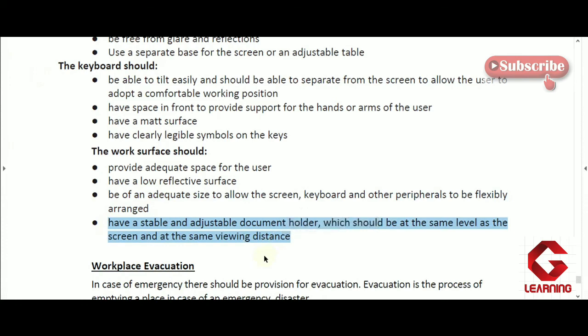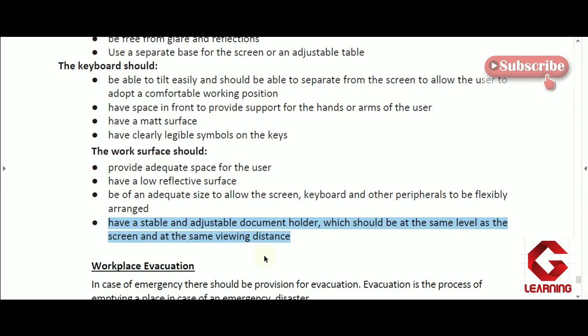Next one is have a stable and adjustable document holder which should be at the same level as the screen and at the same viewing distance. So the document holder which is holding documents or files should be adjustable as per user convenience, and it should be at a limited distance so the user can see all files that are there in the document holder from his sitting position only.